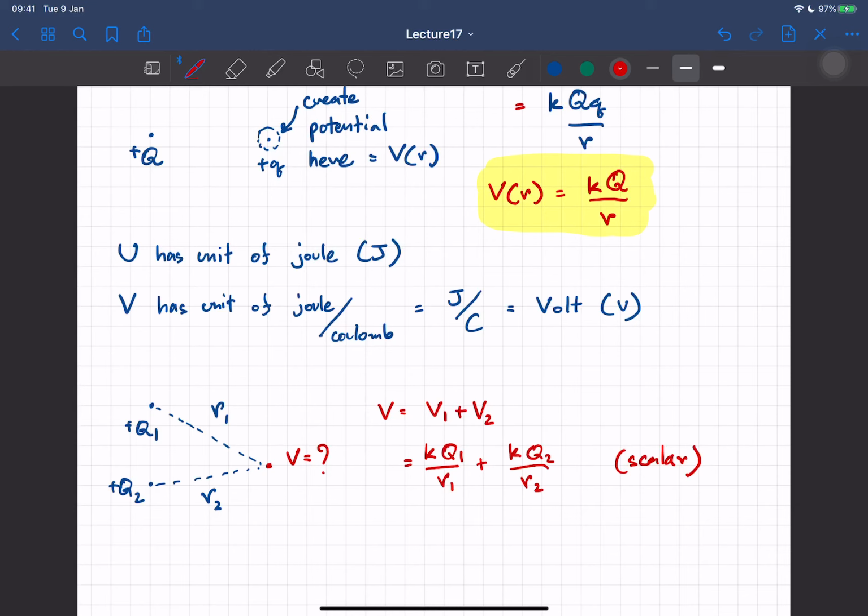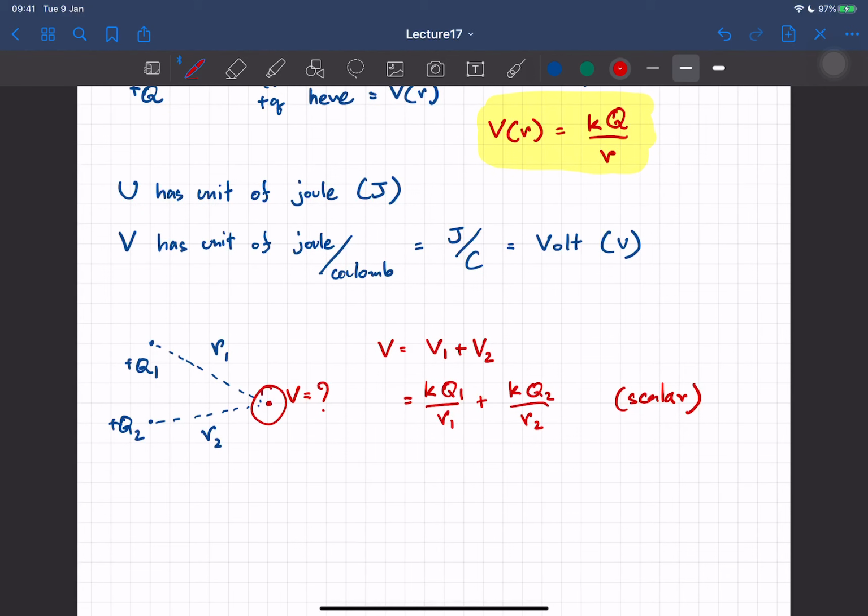A very different question is, what is the electric field at this point? In that case, you need to draw the electric field here, and then you need to add them like you add vectors. So it's a little bit more complicated. Dealing with potential is a lot easier because you don't need to worry about the direction.